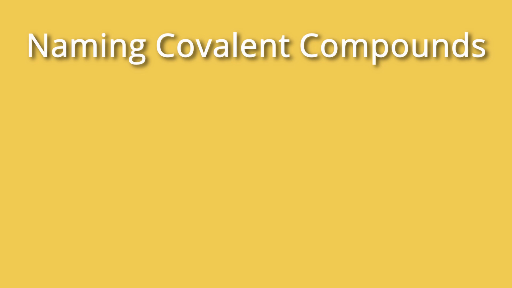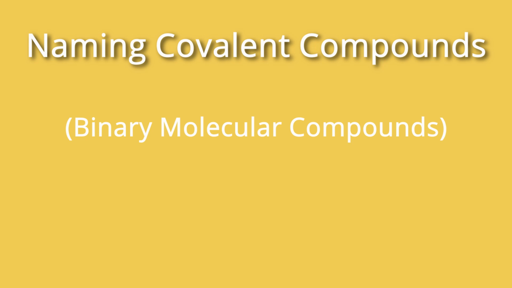Naming covalent compounds is probably, in my opinion, the easiest kind. Covalent compounds are also known as binary molecular compounds. Or essentially, this is when there are two elements that are bonded together. And what's nice about this is that it's very simple and it's always the same on how to name these.